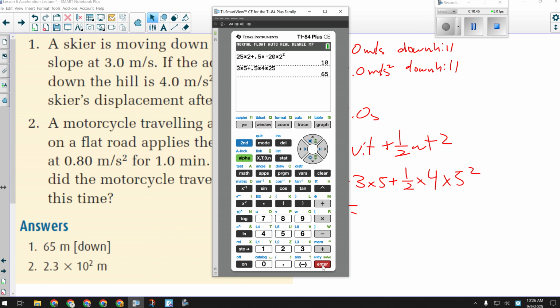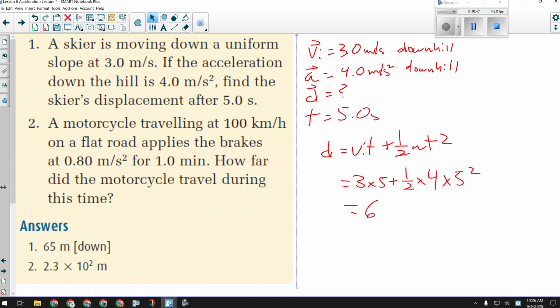So 65 meters downhill. If you forget to write downhill, do you get the answer right? It's a vector quantity. Displacement needs a direction. The question specified downhill, so you have to specify downhill.